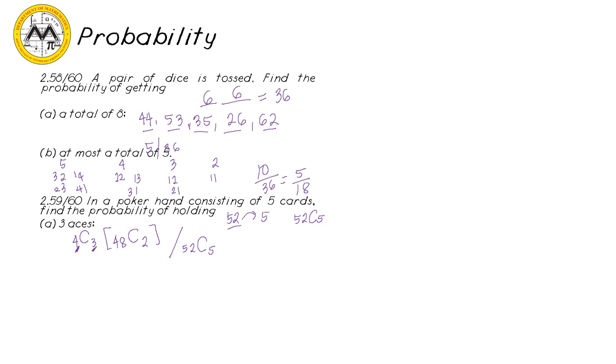So that would be 4 combination 3 times 48 combination 2 divided by 52 combination 5. So this is 94 over 54,145.